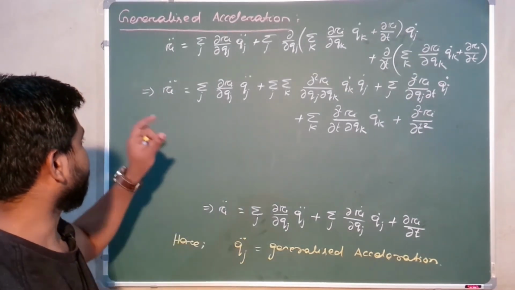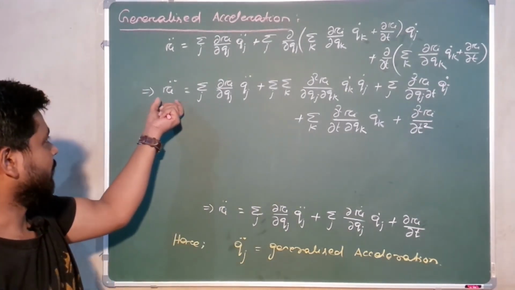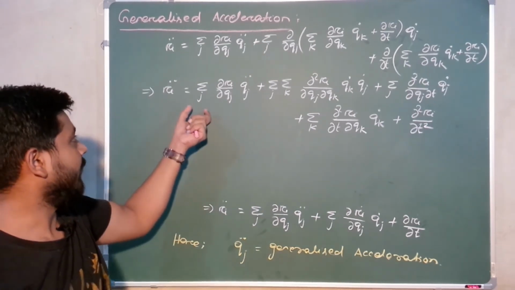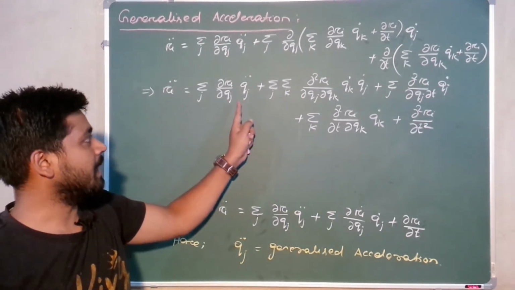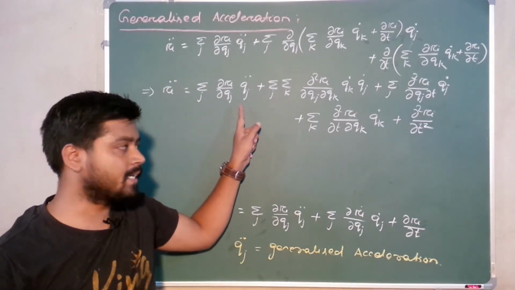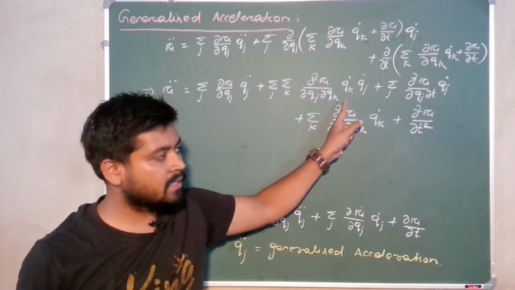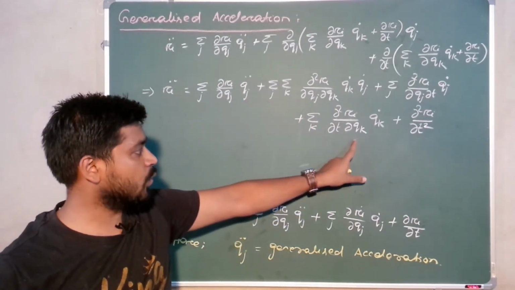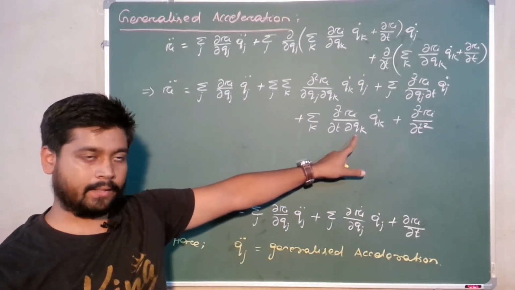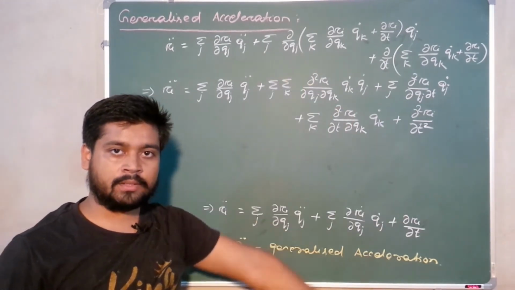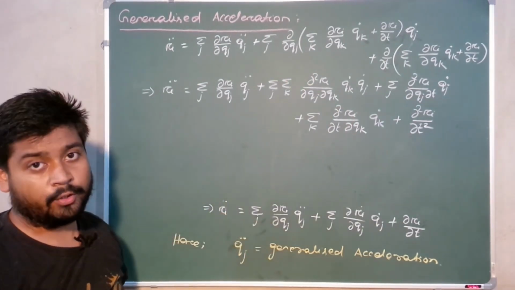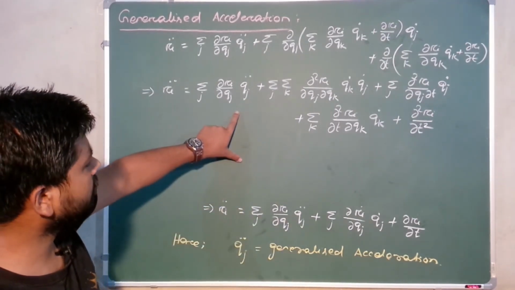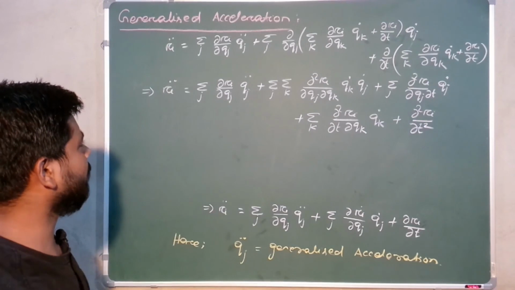Here we write this as the acceleration in configuration space. The first term contains the generalized acceleration, and this term contains the generalized velocity, yes or no? Here generalized coordinate qk is also there, and ri is the position coordinate or position vector. Nothing more to do, just leave it here.